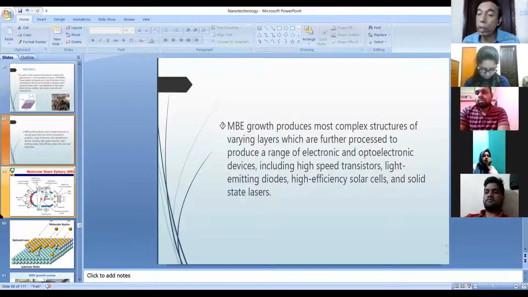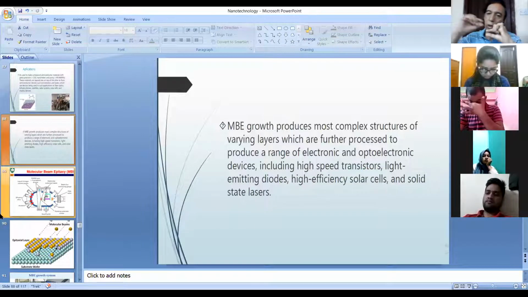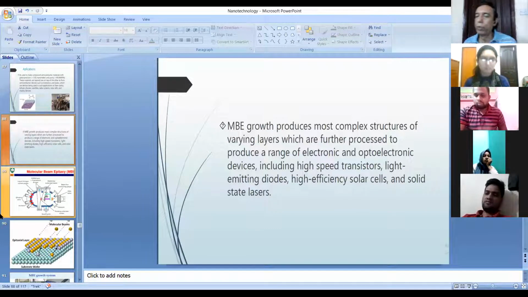Because of purity. Your silicon substrate may not be that pure, but your silicon thin film is very much pure because it is made by molecular beam epitaxy. So your substrate is not a thin film. Your substrate is bulk material.